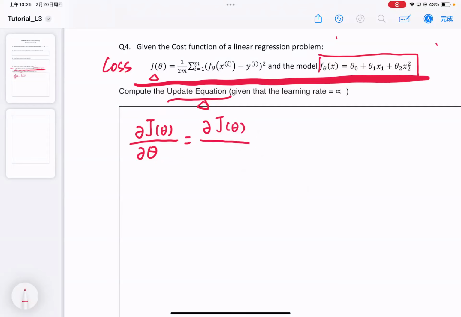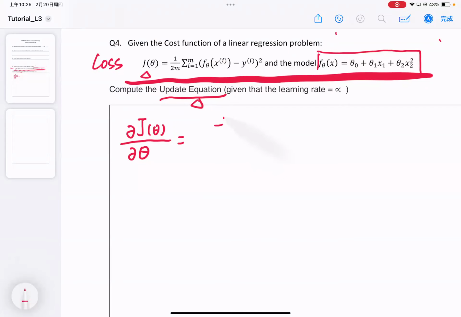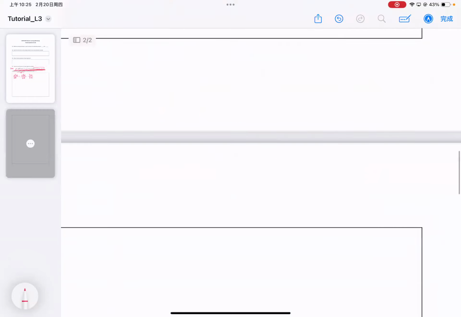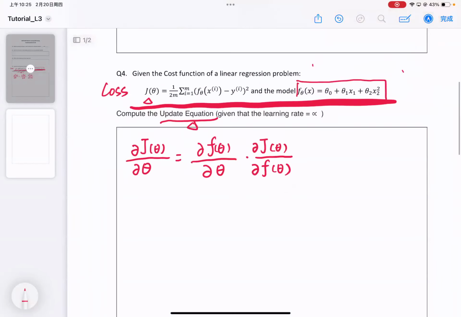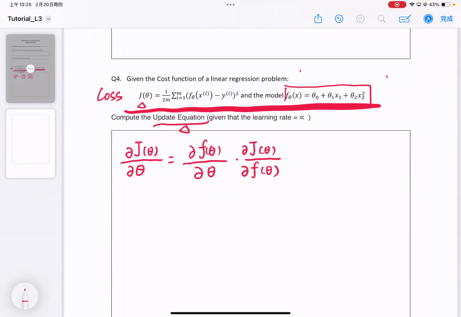The chain rule is like we have f(theta) here. Yeah, so this is called the chain rule.